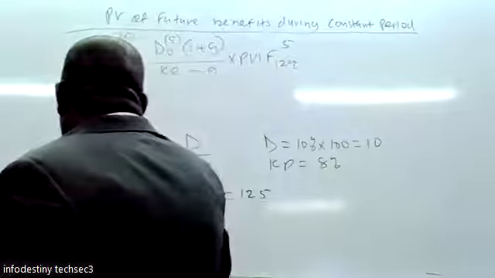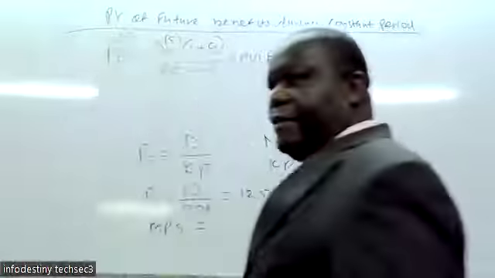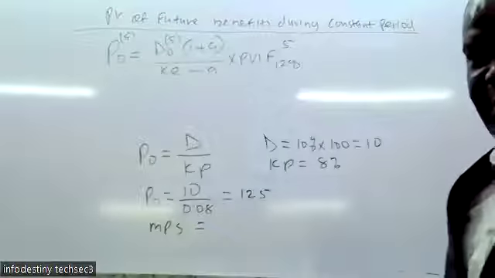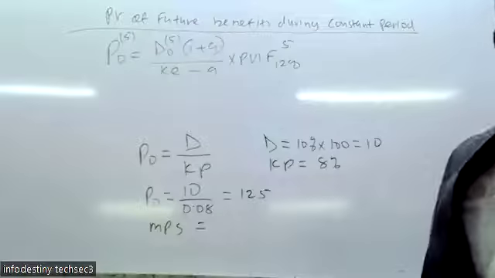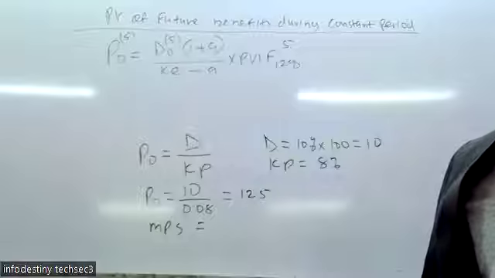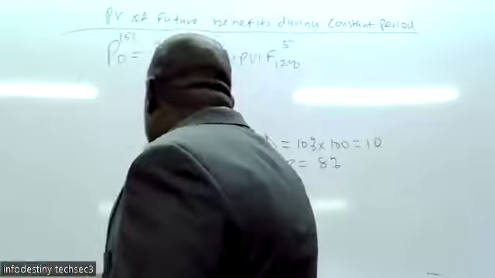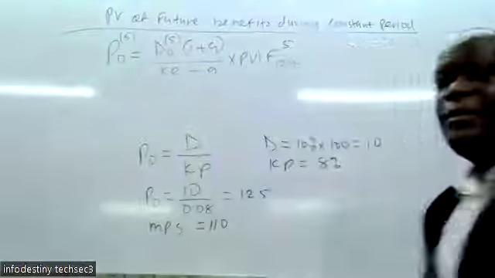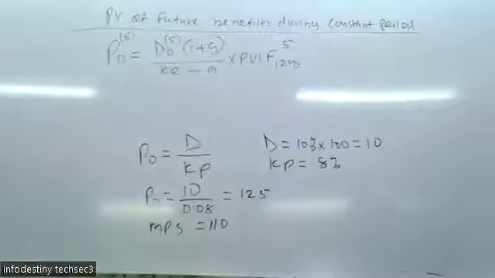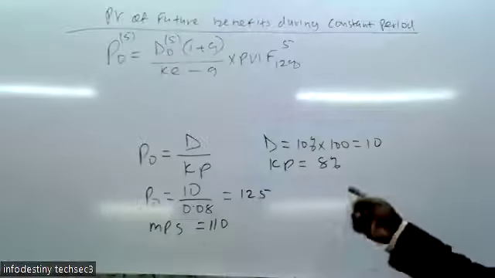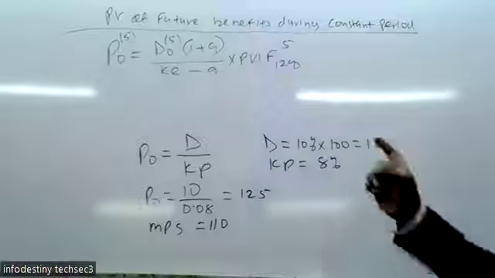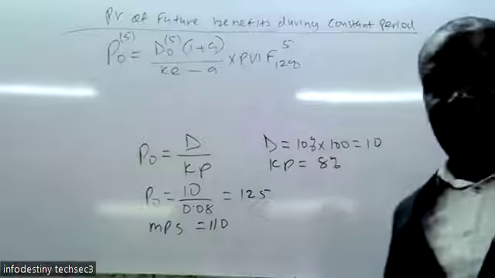So the market price per share was given. It was currently trading at how much? They said that they are currently selling at 110 each. So that share is undervalued. The market has given it 110, but the true value is 125.